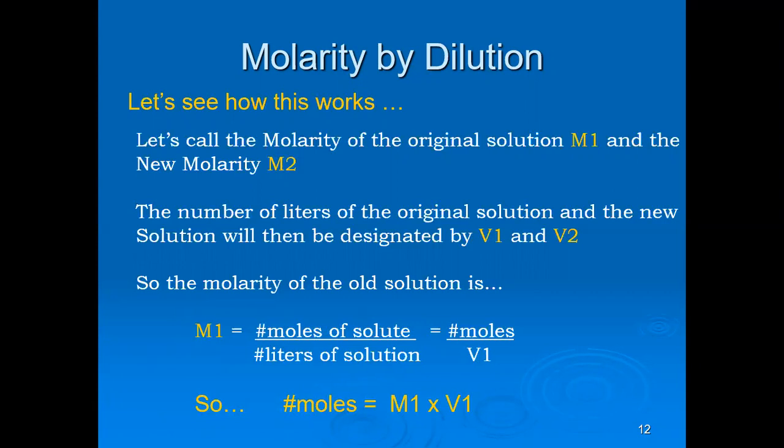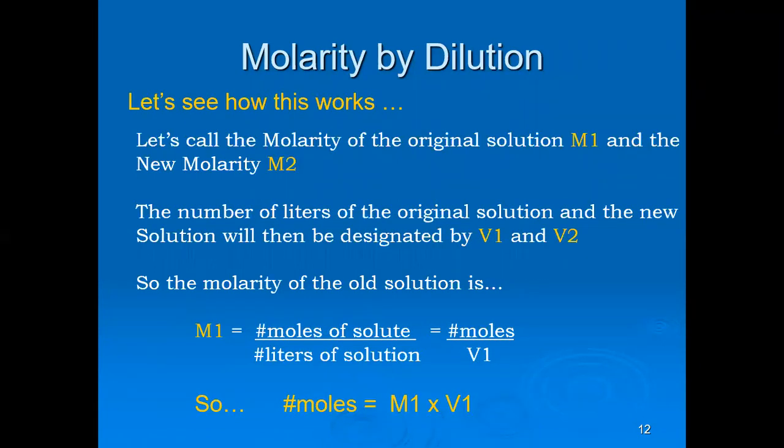So the molarity of the old solution, the stock solution or the original solution, M1 is equal to moles per liter, and you know the liter is the unit of volume. So you can designate number of moles divided by volume V1.